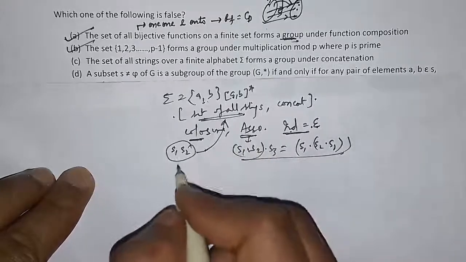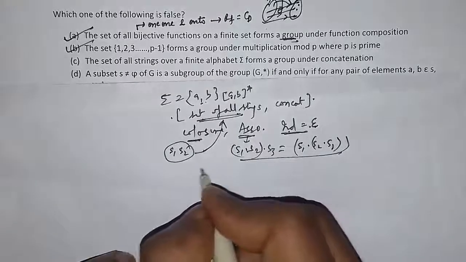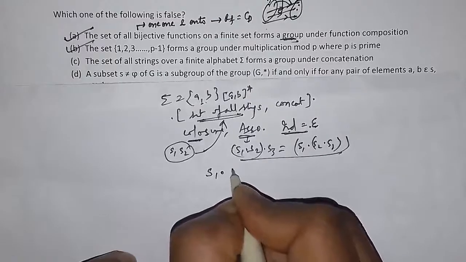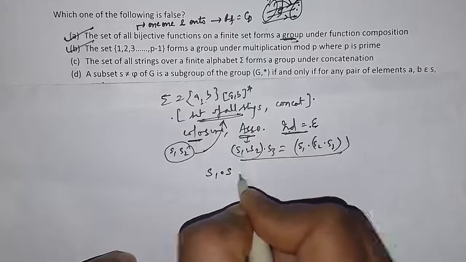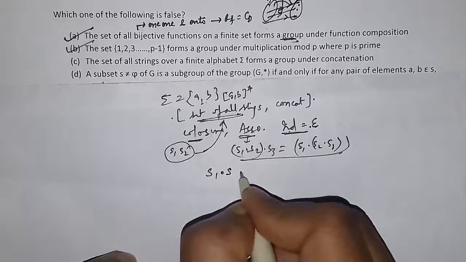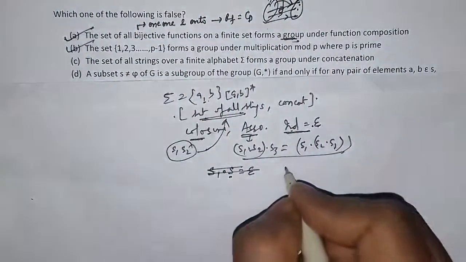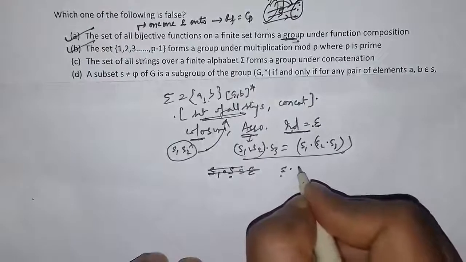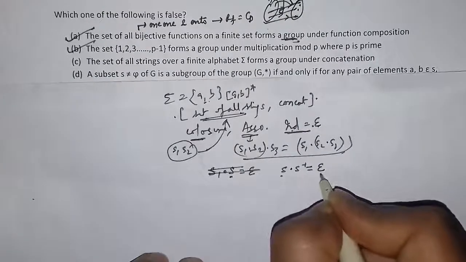is also satisfied. But we can't have an inverse for all the strings, s1 when concatenated with any other string, we can't get epsilon. Inverse means, suppose we have taken a string s, when concatenated with its inverse we should get epsilon as the answer.